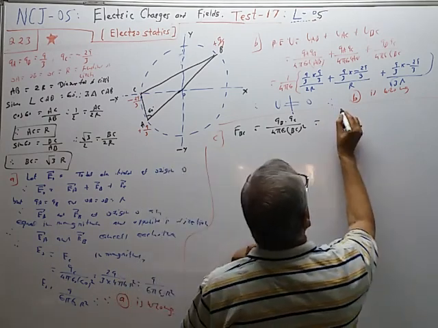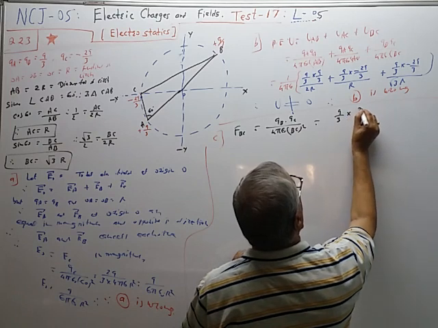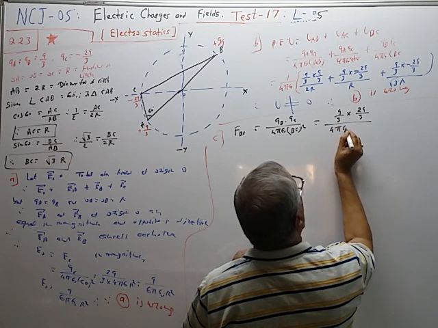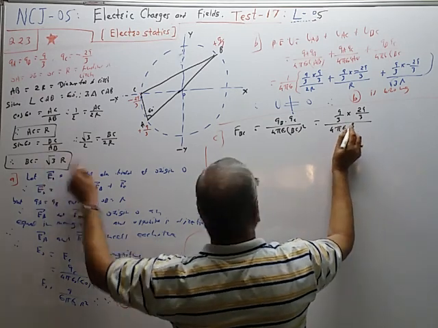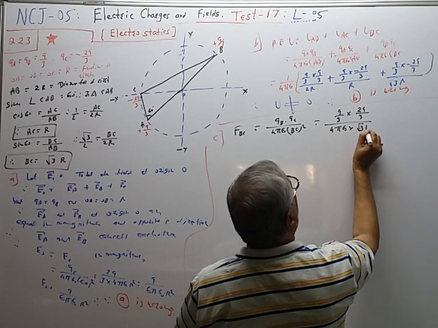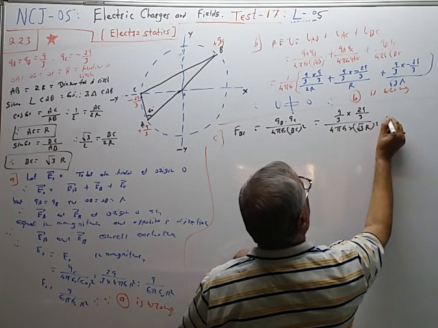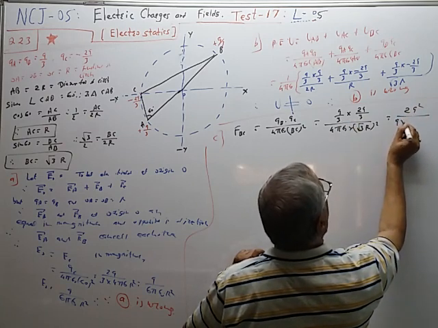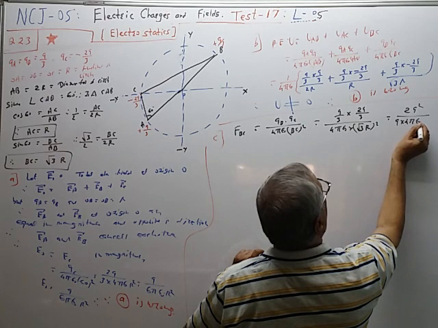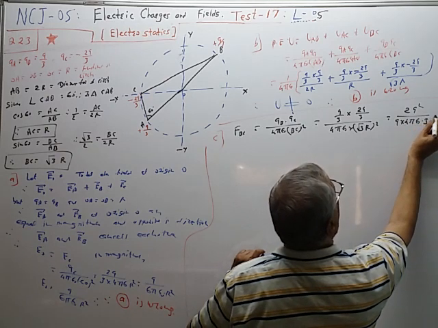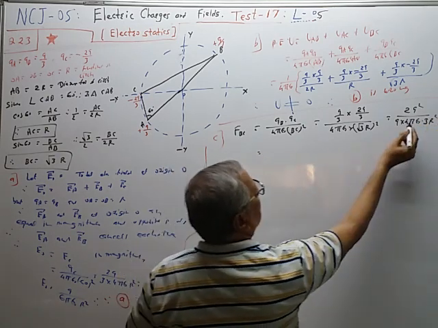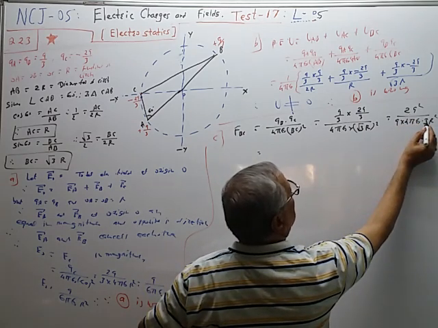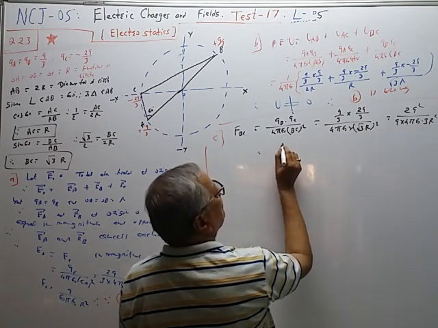So QB is equal to Q by 3 multiplied by 2Q by 3 upon 4 pi epsilon naught, and BC value again root 3 R, full bracket square. So that is equal to 2 times Q square upon 3 into 3, 9, multiplied by 4 pi epsilon naught multiplied by 3 R square. So 9 into 3, 27, 27 multiplied by 2.